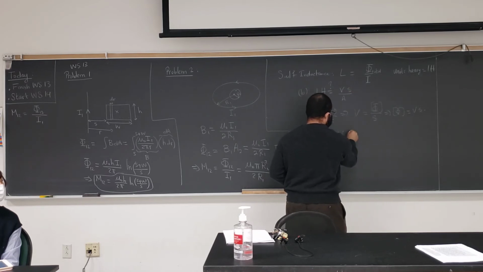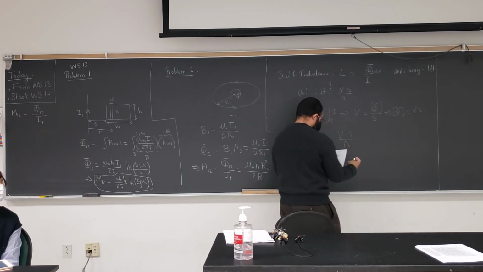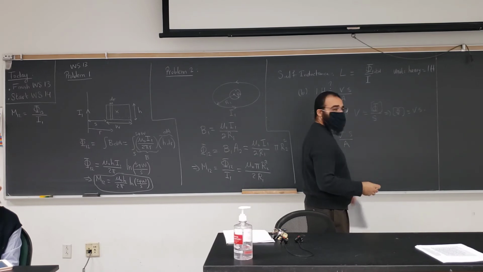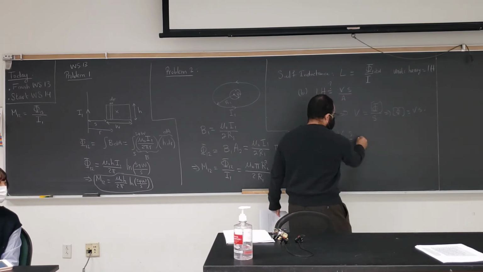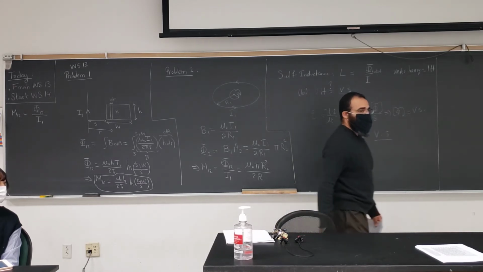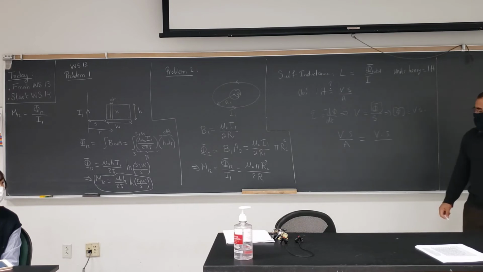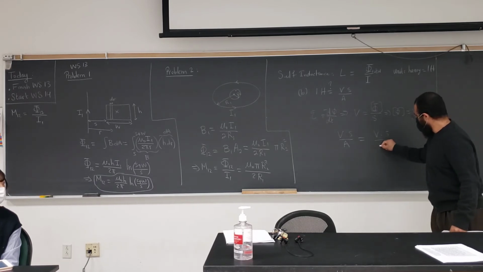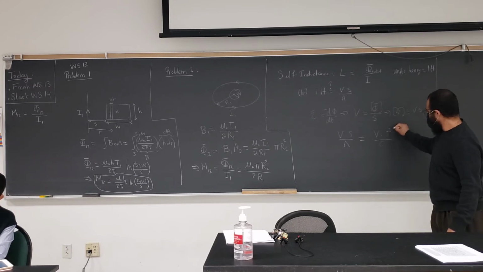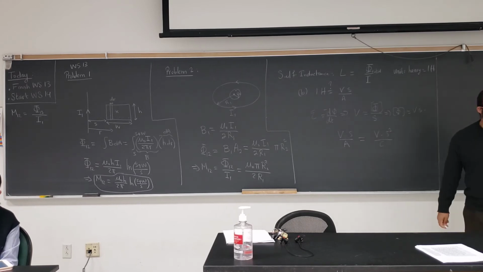What does C say? A volt second squared per coulomb. Well, what is an ampere? A coulomb per second. So the second on the bottom jumps to the top, and that makes second squared. So C is correct.